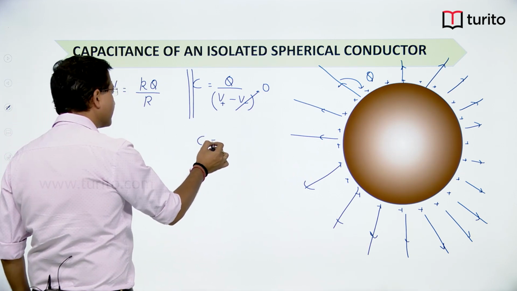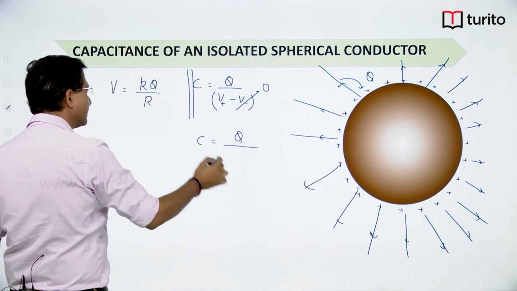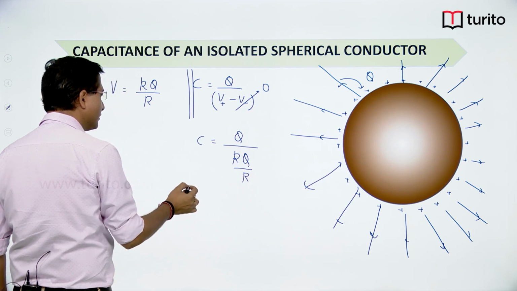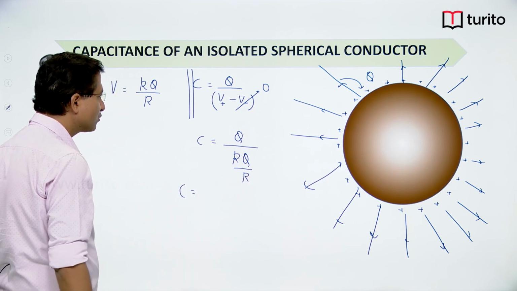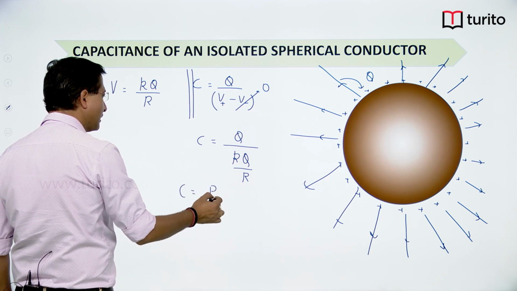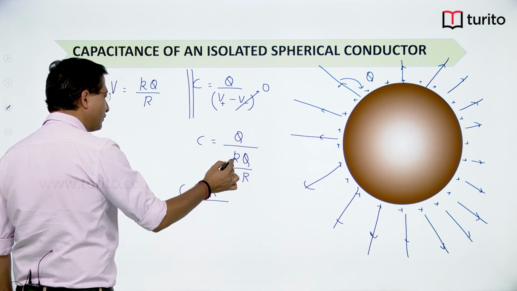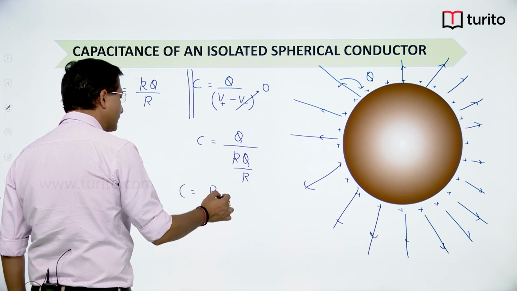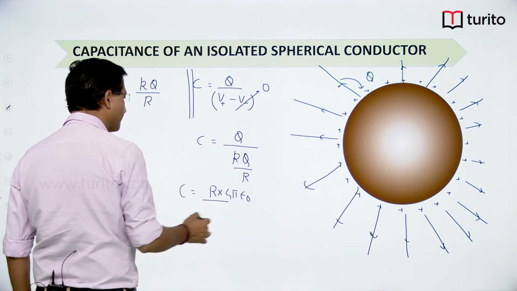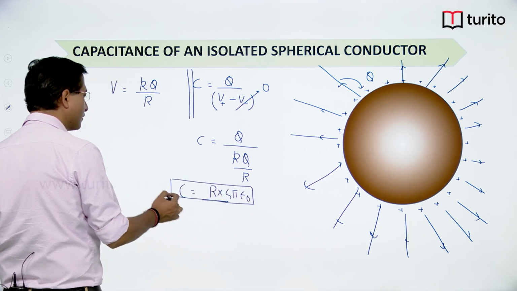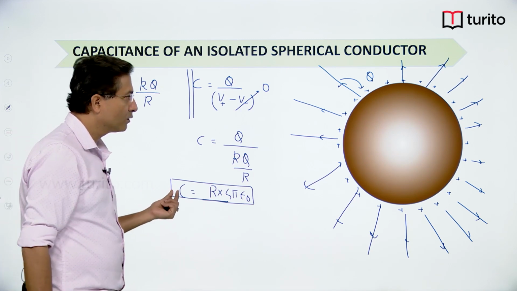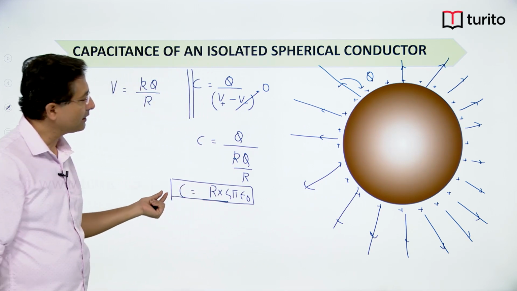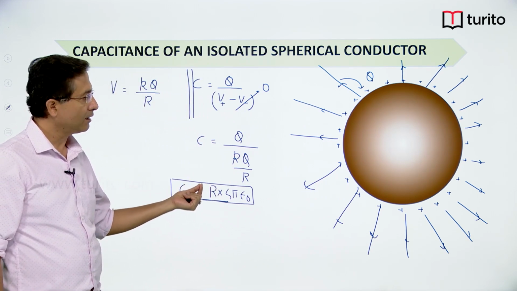So, what we are getting, that is q divided by kq divided by r, simplify, q gets cancelled out, this is r and k I substitute 1 upon 4 pi epsilon naught, 4 pi epsilon naught will go to numerator. So, for isolated spherical conductor we are getting capacitance 4 pi epsilon naught r.